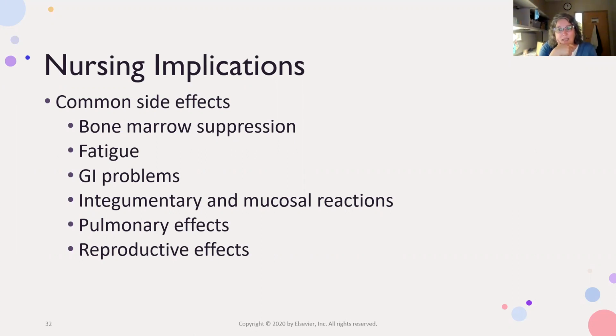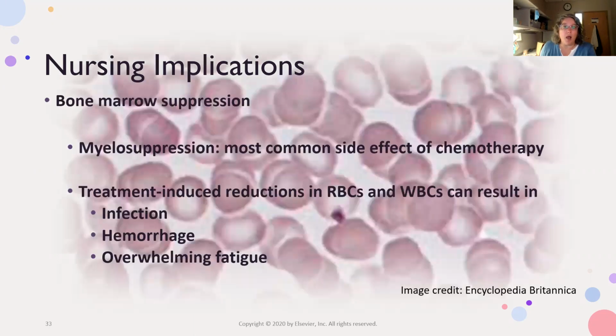Stomatitis, diarrhea, constipation, mucositis, and skin reactions are all sorts of areas that we may need to intervene and help educate the client about how to manage. For bone marrow suppression, there are a couple different things that we need to be aware of.